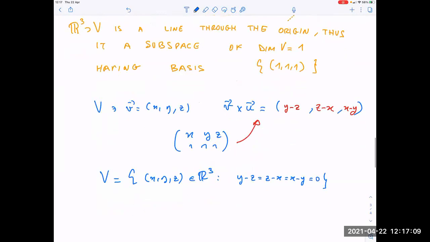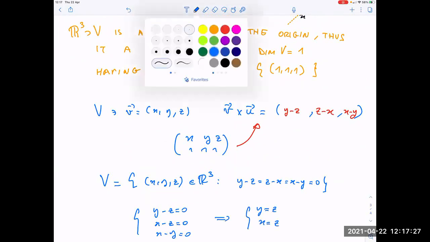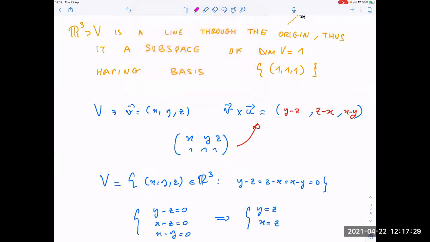So basically, to find V, I have to solve the linear system of equations, which is Y minus Z equals 0, X minus Z equals 0, X minus Y equals 0, or if you want, Y equals Z, X equals Z, which you can also write as Arsh Baraji did, as X equal Y equal Z. Only one line, but it is two equations.